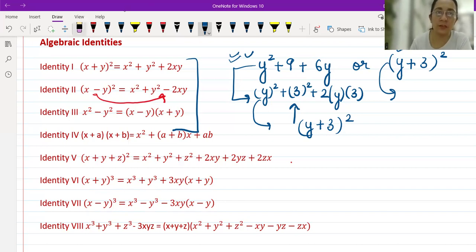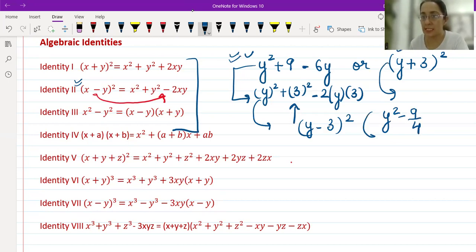Now, if the sign is changed to minus, obviously the identity will change. I'll write it here minus, and this will be minus, and then it will be (y minus 3) whole square. So that's our identity number 2, (x minus y) whole square. And the third identity can be given in the form of y square minus 9 by 4.